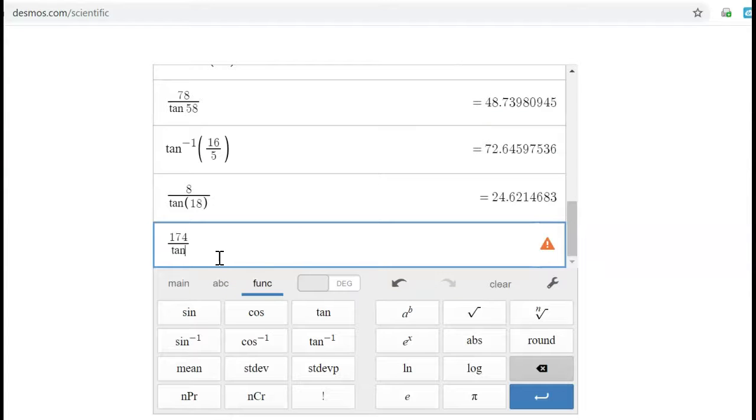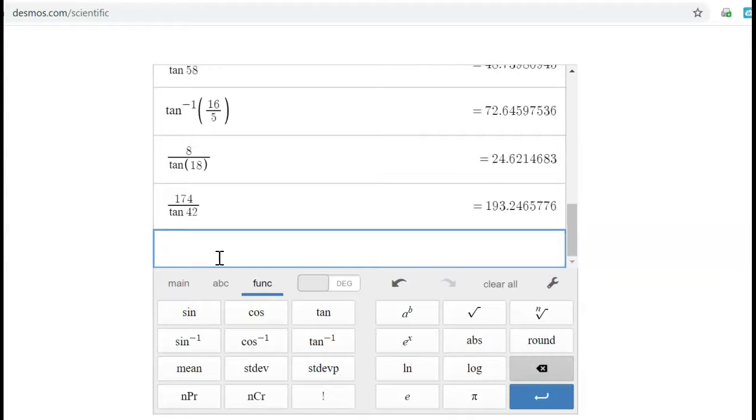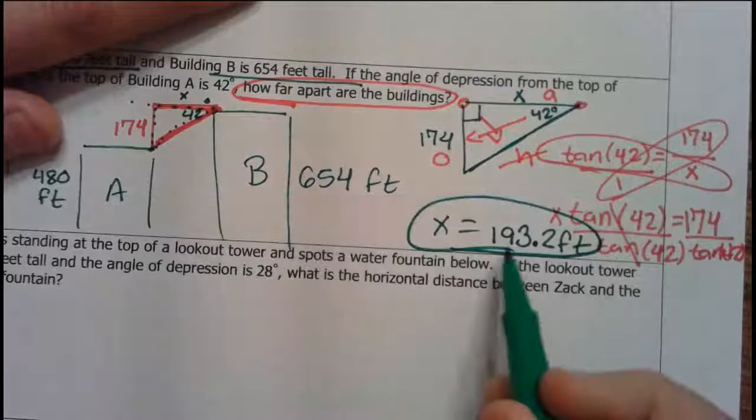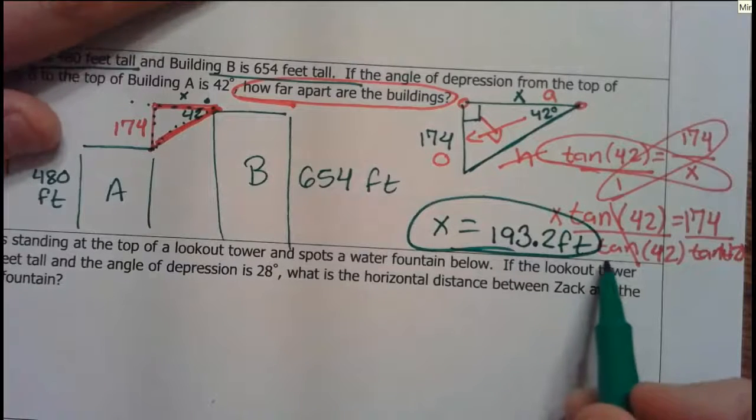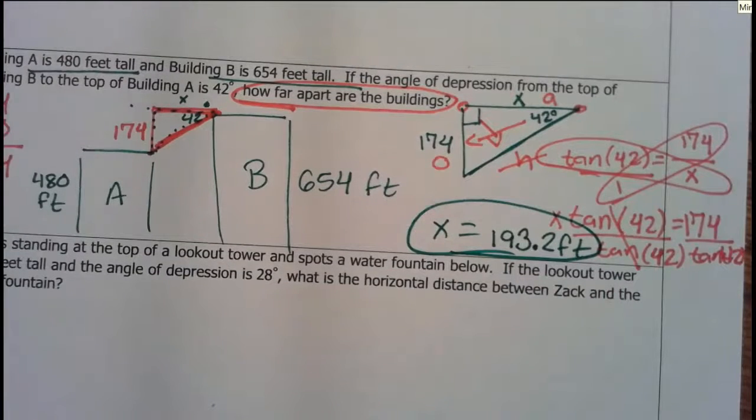So that is 193.2 feet. So they're 193.2 feet apart.